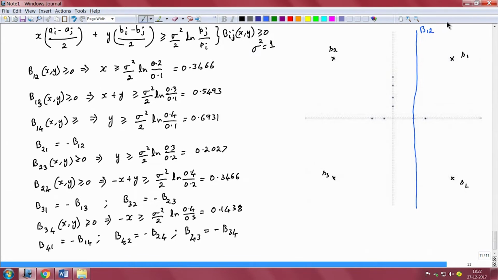Similarly, let us look at b 1 3, x plus y is 0.5493. So, the boundary is going to look like this, and b 1 4 is y greater than or equal to 0.6931.